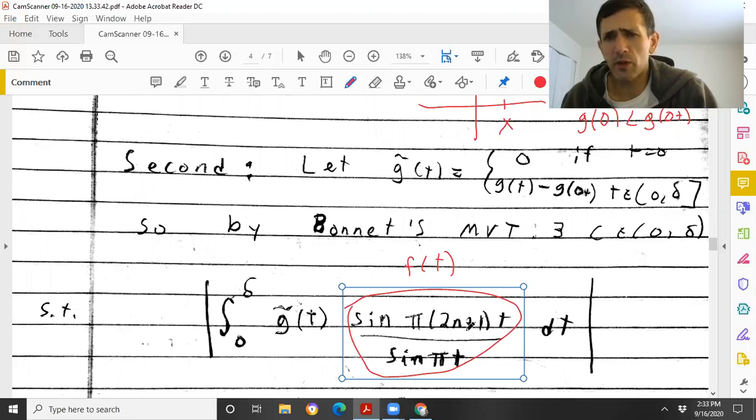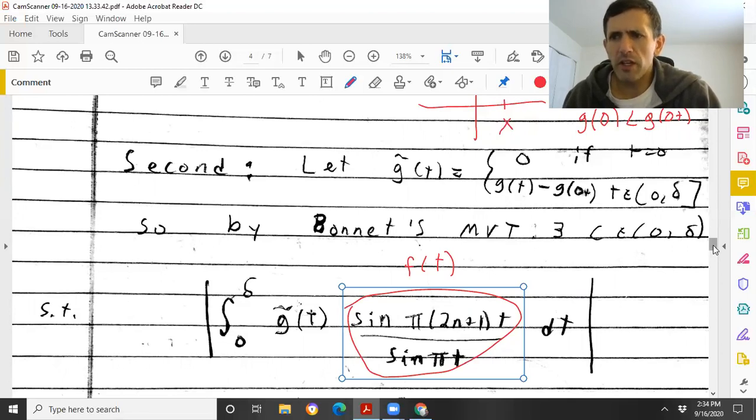This is certainly continuous. As we've mentioned many times, by L'Hopital's rule, as t goes to 0, this is going to be 2n plus 1. So it really has a removable singularity. You can redefine it at 0 to be 2n plus 1 to be continuous on 0 to delta. So there's no issue applying Bonnet's mean value theorem to f of t and g tilde of t.